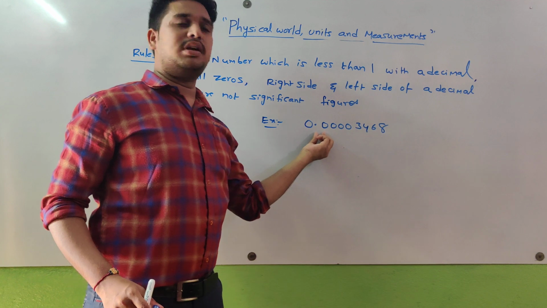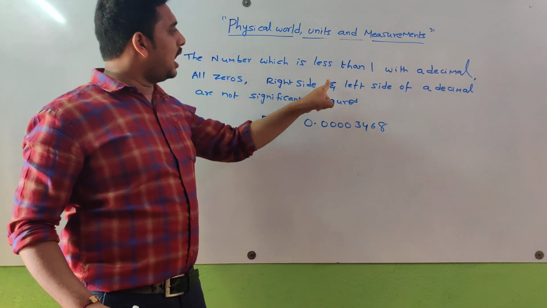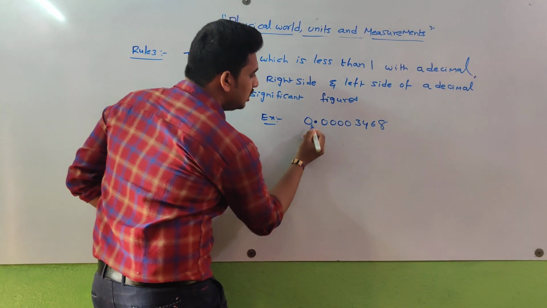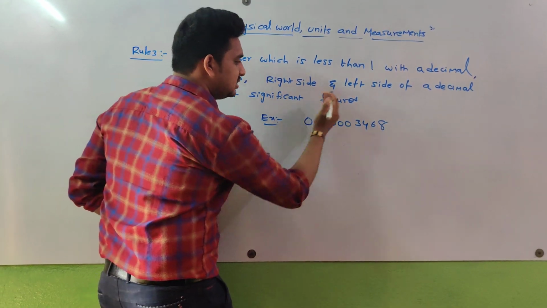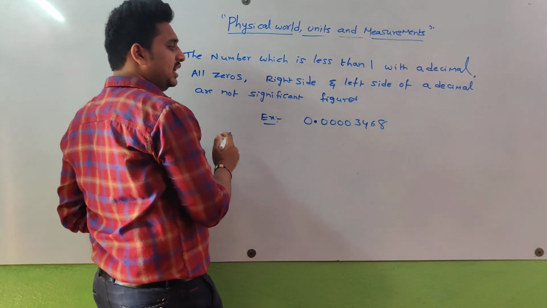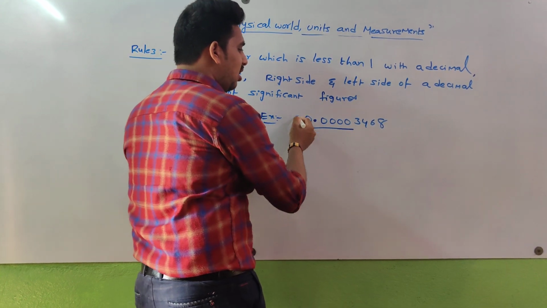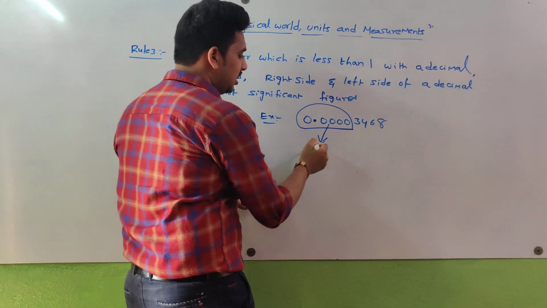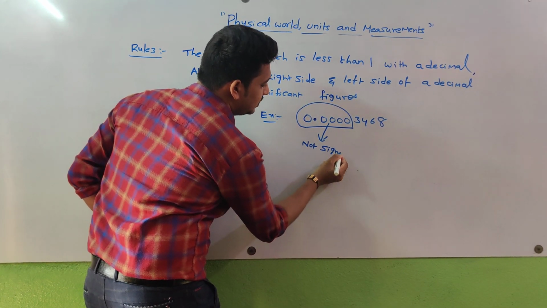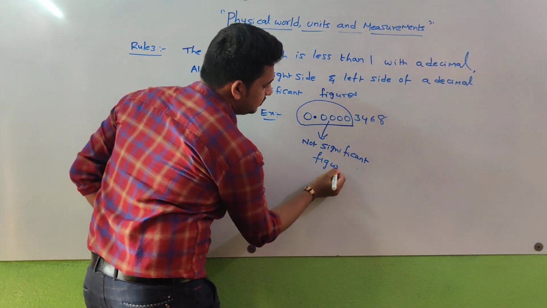Zeros on the right side and left side of the decimal: right side of the decimal means this side. How many zeros are there? 4 zeros. On the left side of the decimal, 1 zero is there. These are not significant figures.